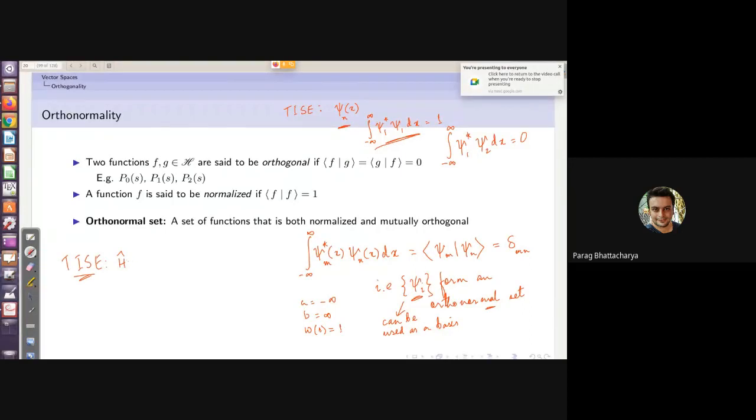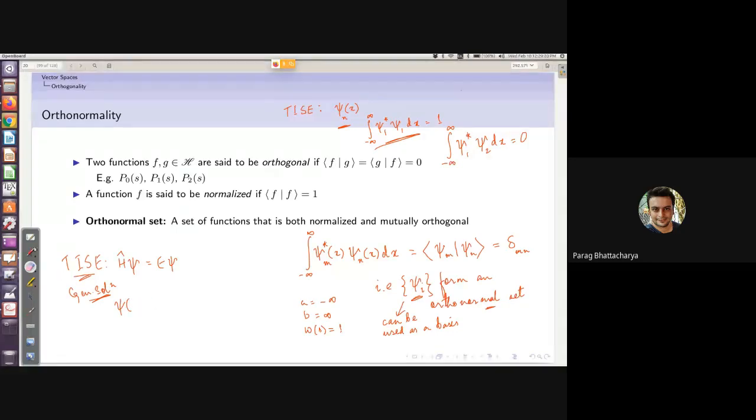Hamiltonian psi is equal to E psi, right? This is the Hamiltonian operator, right? When the Hamiltonian operator operates on psi, we'll get some constant energy times psi. So this is a stationary state, right? So now, what is the general solution of this psi of x, because it's time independent?